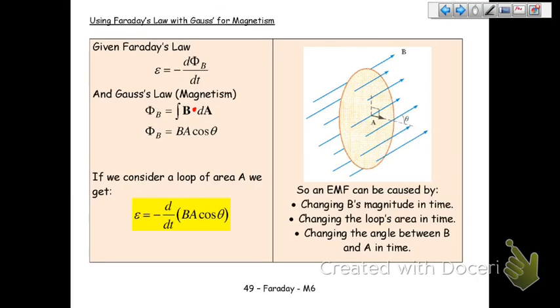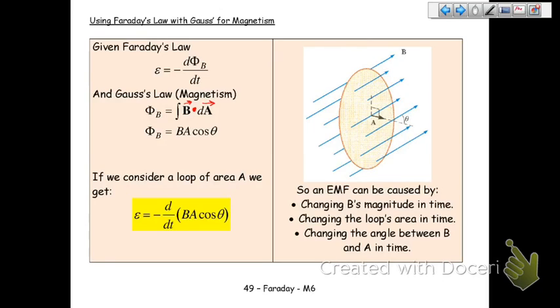Okay, so it's an integral, and it's a dot product because the angle matters. And I know from dot products that this is the magnitude of B times the magnitude of A times the cosine of the angle between. This is a magnetic field vector, and that is an area vector. So again, I have this area vector. I'm inventing this area vector, which really makes dealing with planes very nice.